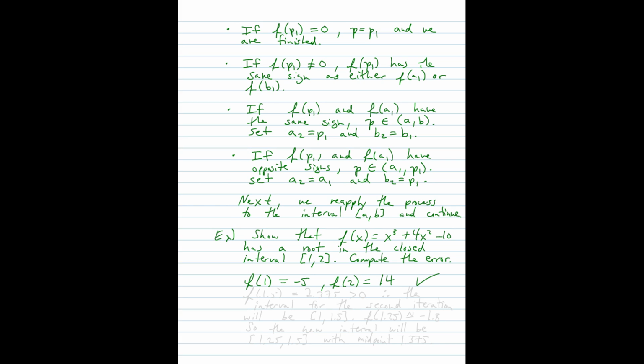That checks out. The next step is to take the midpoint of the interval. The midpoint between 1 and 2 is 1.5, and we evaluate the function. f(1.5) equals 2.375, and that's greater than 0. Therefore the interval for the second iteration will be [1, 1.5].